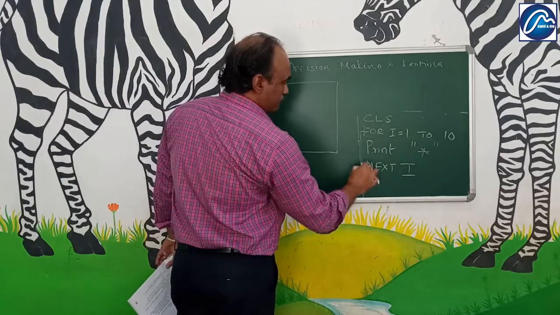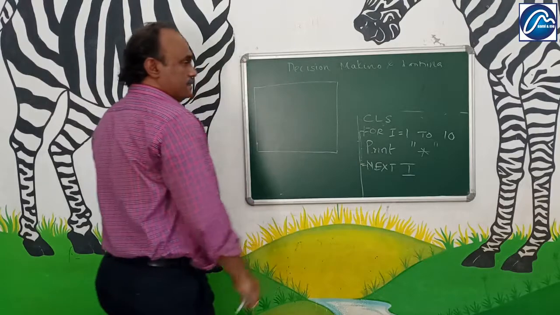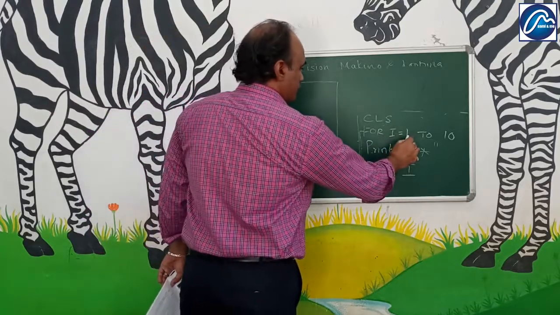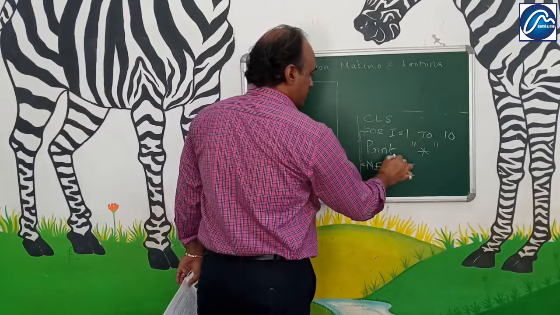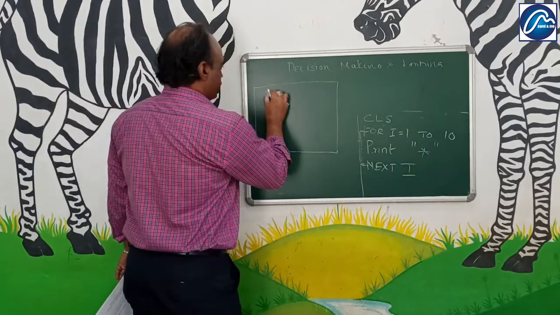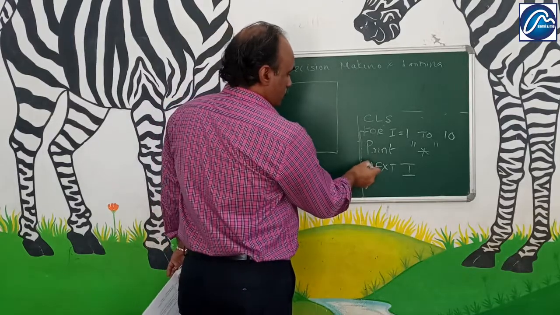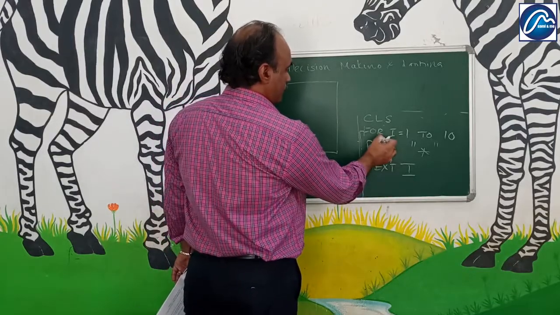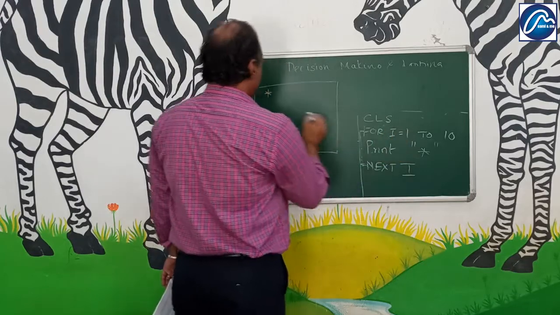This is the loop. When I is equal to 1, what is the instruction? Print x. I will get an asterisk. Then the cursor comes down, next I. What will be the value of I? 2.